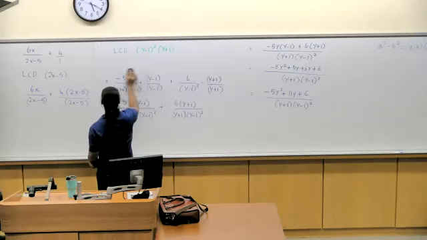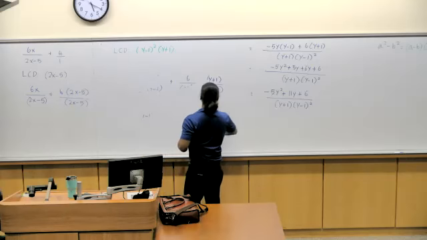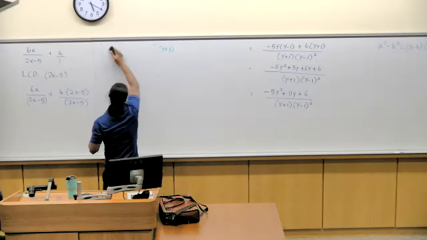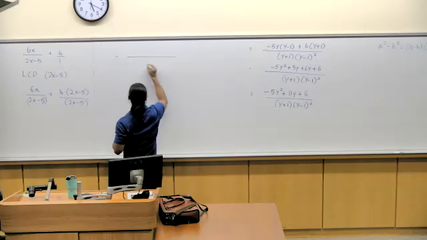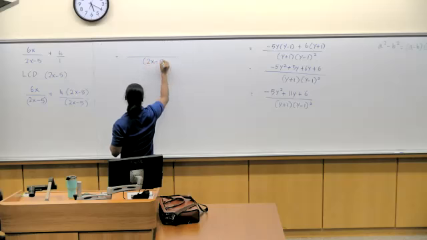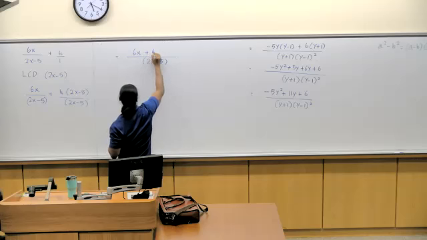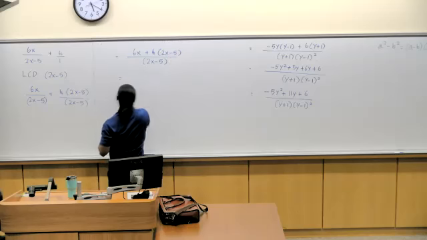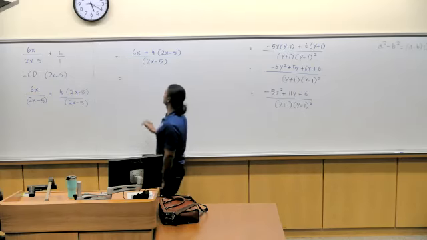Do we have a common denominator now? Yes. And that common denominator is 2x minus 5. So combine the numerators. 6x plus 4 times 2x minus 5.